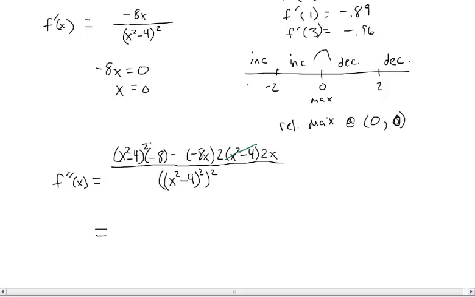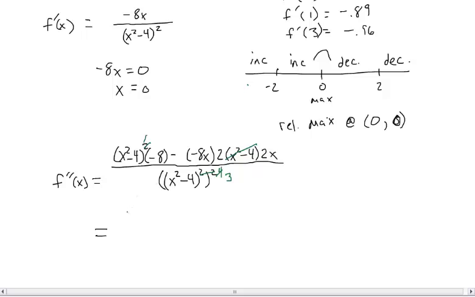We can change this into a 1 and get rid of one term, and then we have (x² − 4)² squared, which is (x² − 4) to the 4th, and I'm going to change what it was as the 4th to the 3rd. And now I'm going to rewrite what I have remaining. It's going to make it a lot easier to simplify if you do that step first before you multiply everything together. So now we have −8 times x² − 4.